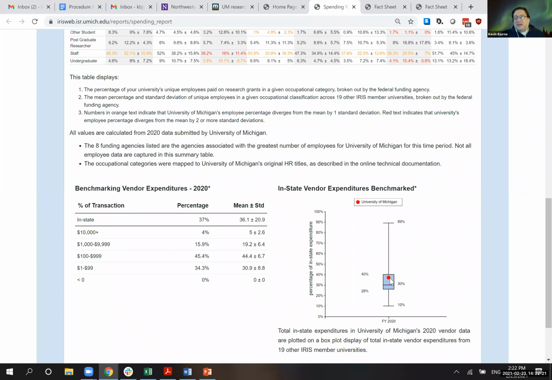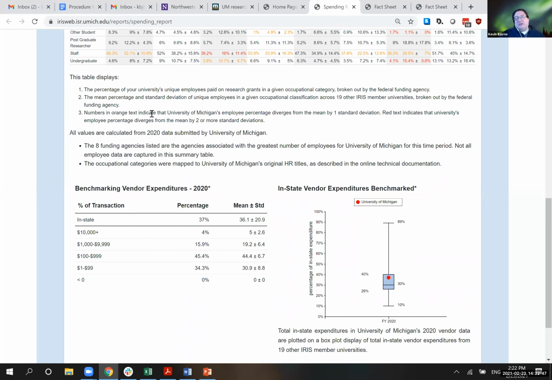But anyway, looks like it's about 38% of the money that U of M spends on vendor purchases and subaward contracts stays within the state of Michigan. That's, I think, particularly relevant to public universities. It's always a nice benchmark to talk about, especially compared to the peer groups here.